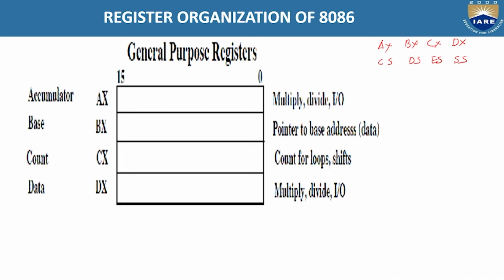And we have the pointer registers IP, then SP, BP, and SI, and DI. So how many registers? These are 13. So the 14th register is flag. So there are 14 registers. All these registers are 16 bits.